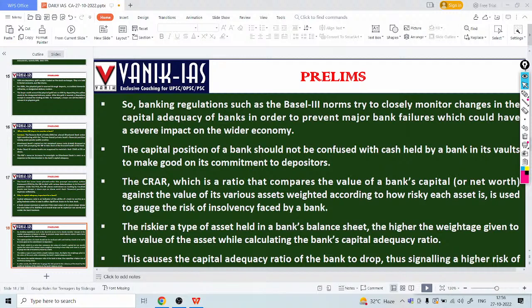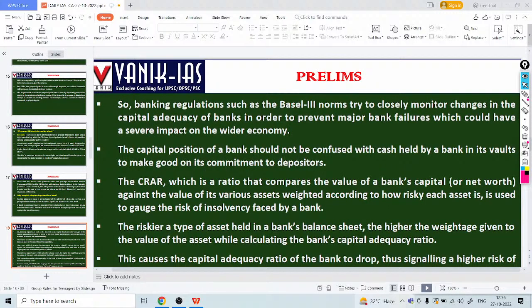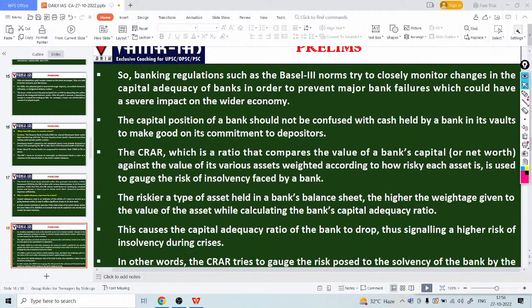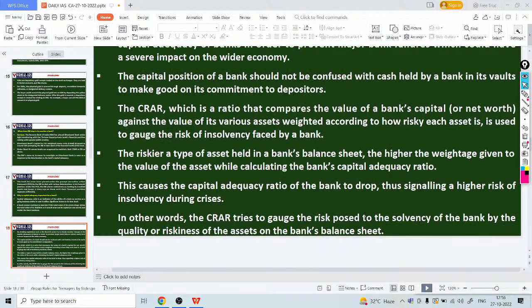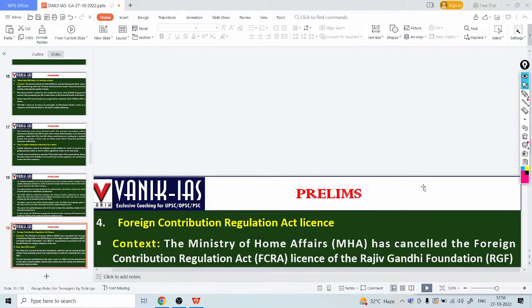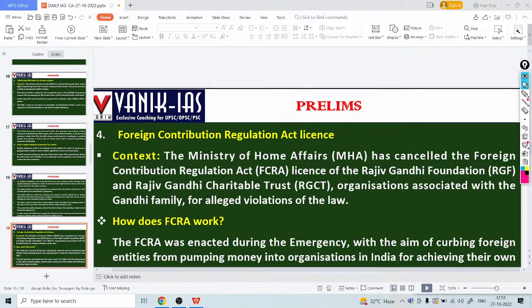Based on that, it is normally assessed. This causes the capital adequacy ratio of the bank to drop, thus signaling a risk of insolvency during crisis. In other words, the capital to risk asset ratio tries to gauge the risk posed to the solvency of the bank by the quality or riskiness of the assets on the bank's balance sheet, because it has given loans which are very risky.